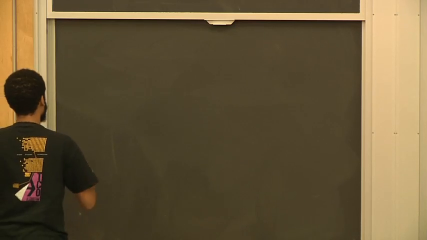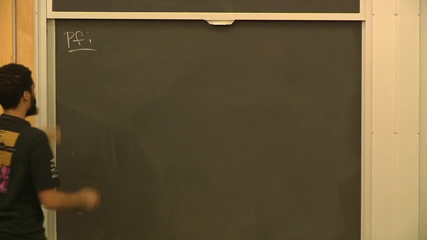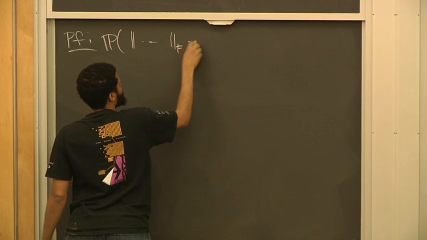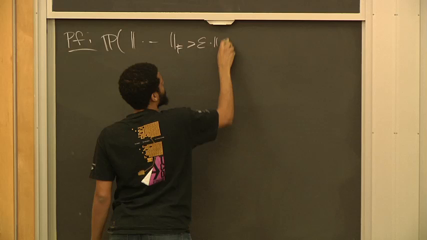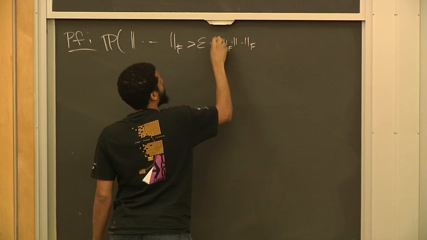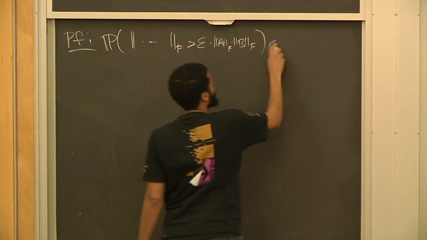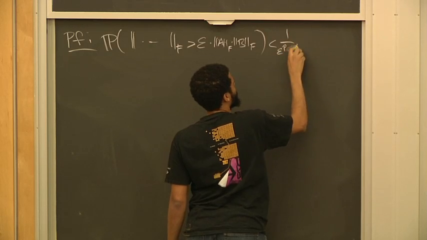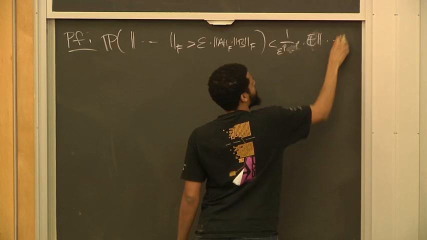Okay, good. So let's prove that. Notice that the probability that this thingy is bigger than epsilon times this thingy, by Markov, is at most 1 over epsilon to the p times the Frobenius thingies to the p times the expectation of that Frobenius norm to the p.